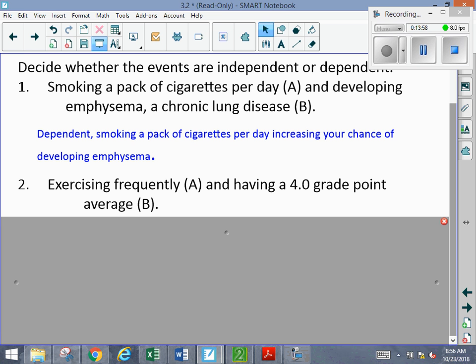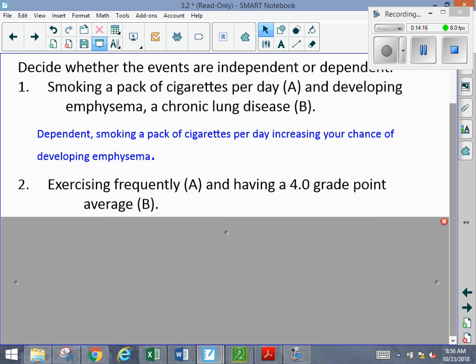But maybe people that have high GPAs don't exercise. I feel that as we get older, driven people tend to. I don't know. There might actually not be a relationship.